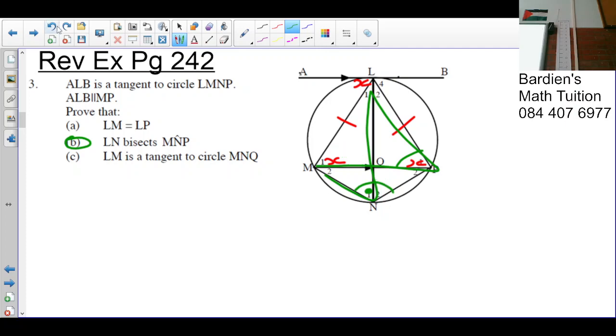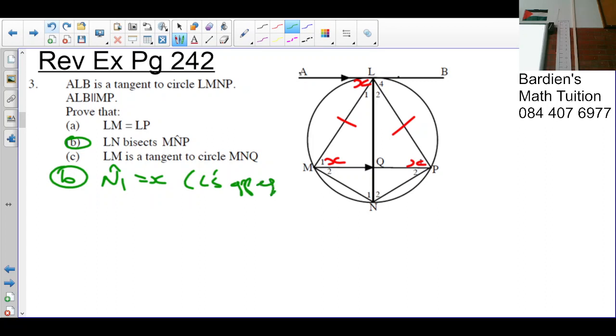Now it's a matter of writing it out. We say that N1 is equal to x. Why? Angles opposite equal sides. No. Angles in the same segment. Angles in the same segment, and it's coming from arc LM. There is an x here.